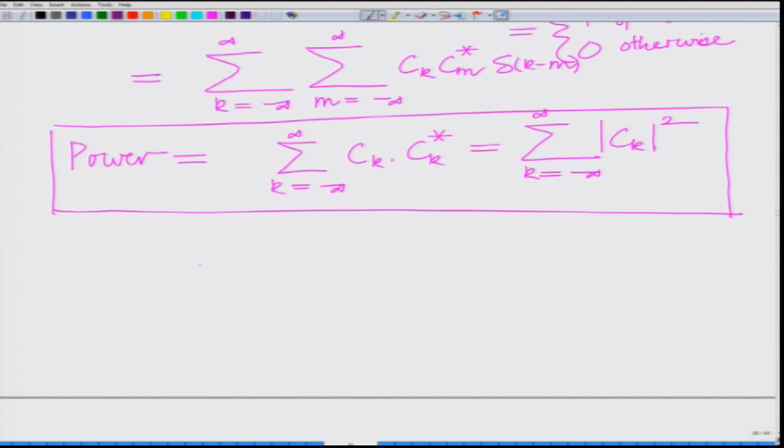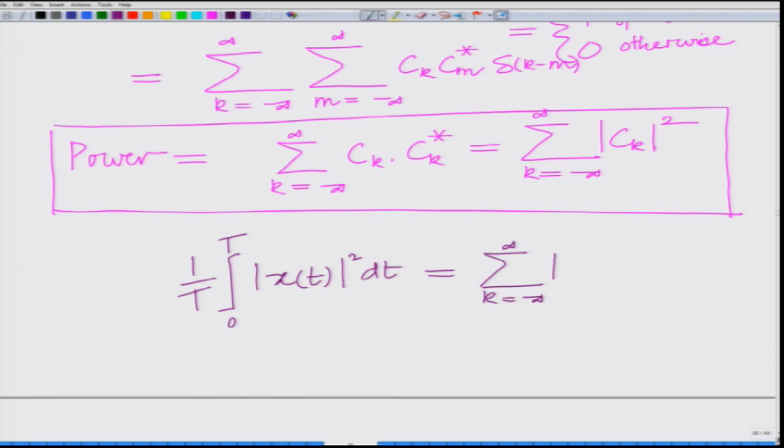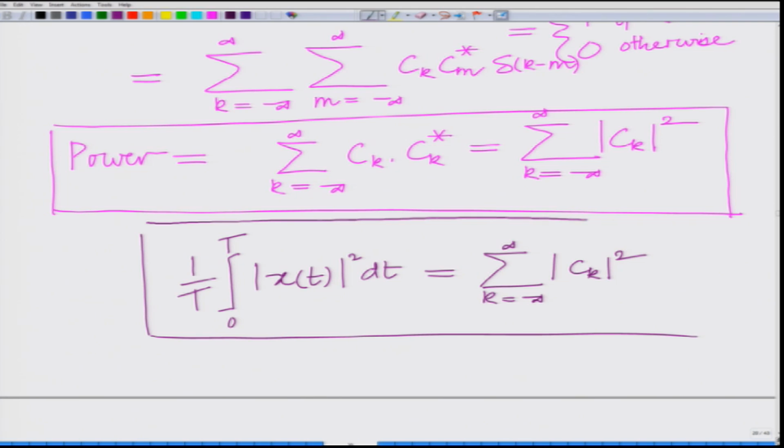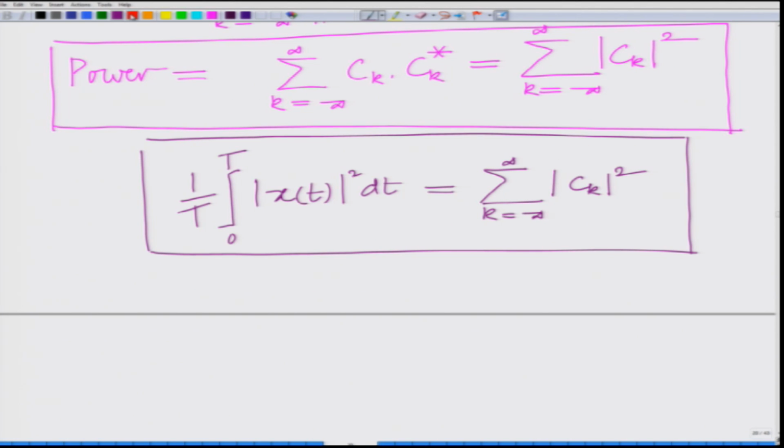So the power has two expressions: the traditional time domain expression, 1 over T integral 0 to T magnitude x(t) square dt, equals summation k equals minus infinity to infinity magnitude Ck square. So now we also have an expression for the power in the frequency domain, that is, in terms of its spectrum, and this is known as Parseval's relation. This is a very popular result.